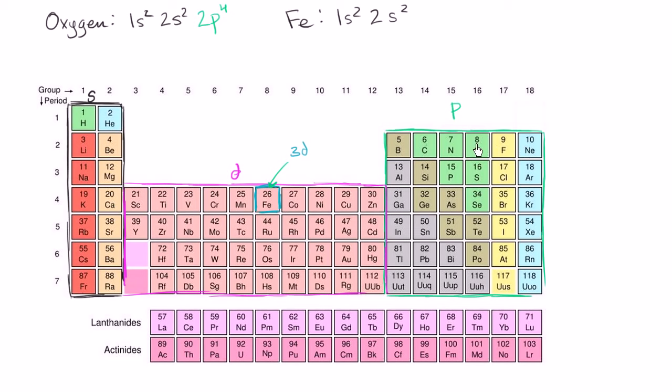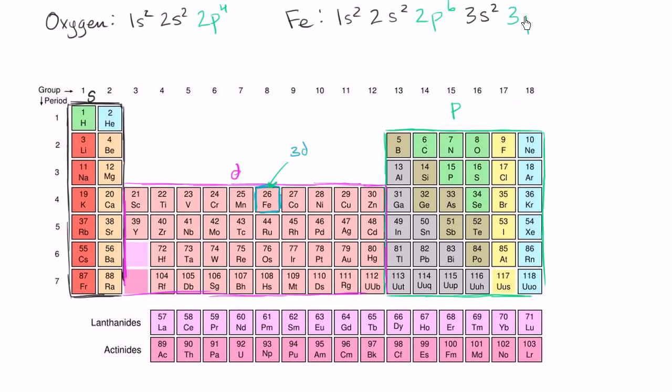So 1, 2, 3, 4, 5, 6 in the p block, 2p6. And then we come to the third shell. We're going to have 3s2 again. And then we're going to fill up the p subshell of the third shell. So this is going to be 3p6 to get to the electron configuration of argon.